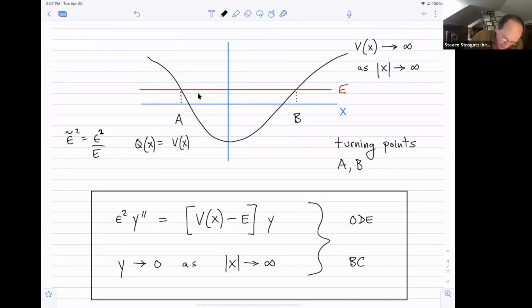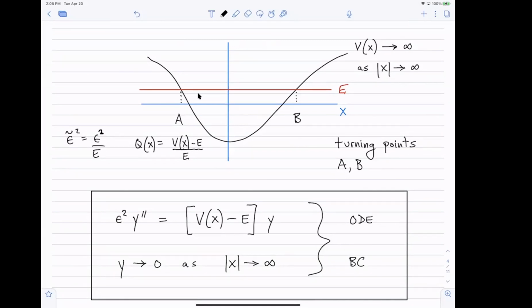So then we're doing Q of X to be V of X minus E, all over E. Something like that. Right, and then we're applying WKB to that problem. Good. That seems plausible. And you say that's how they teach it to you in physics. Nice. Okay. Good.